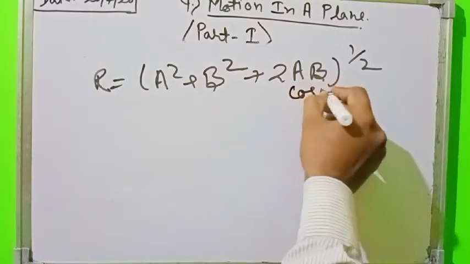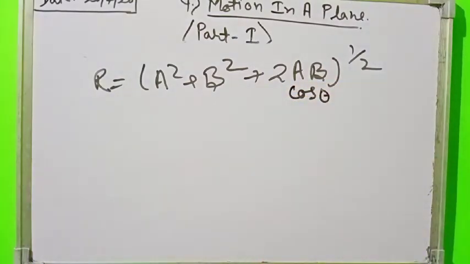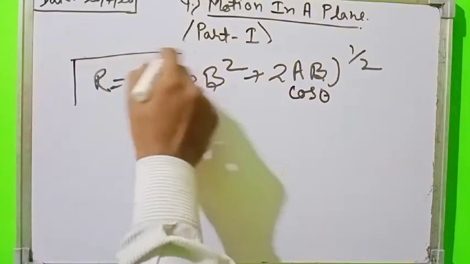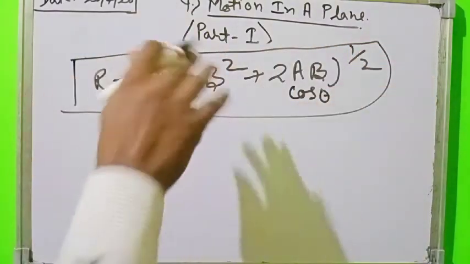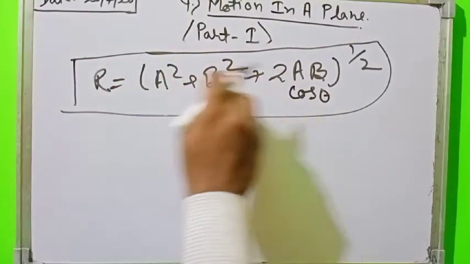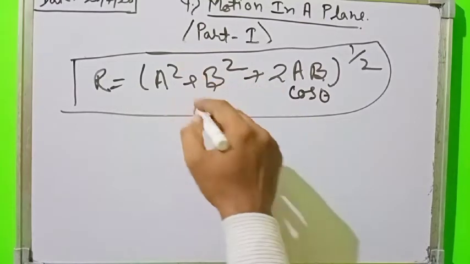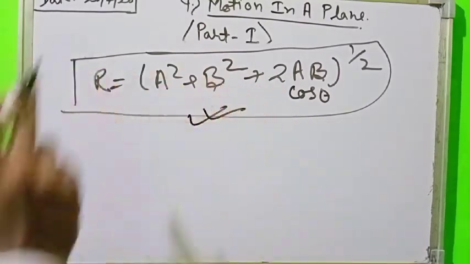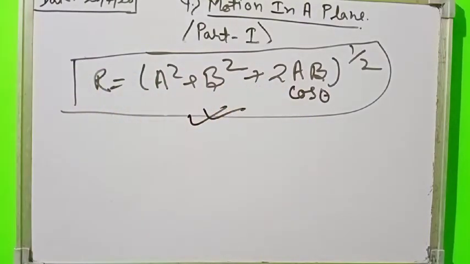Means if A and B are two physical quantities, then their magnitudes can be added on the basis of this formula to get the resultant of these two physical quantities.